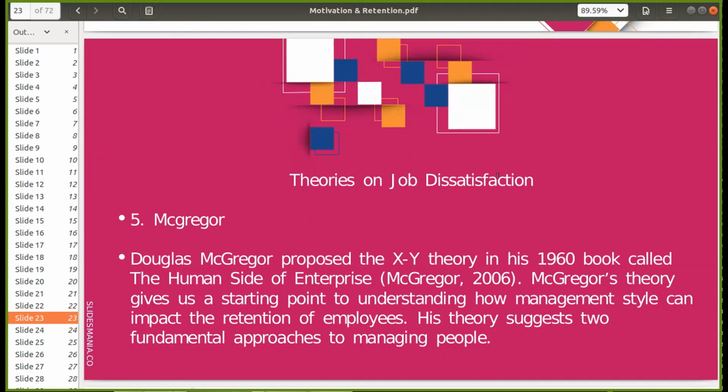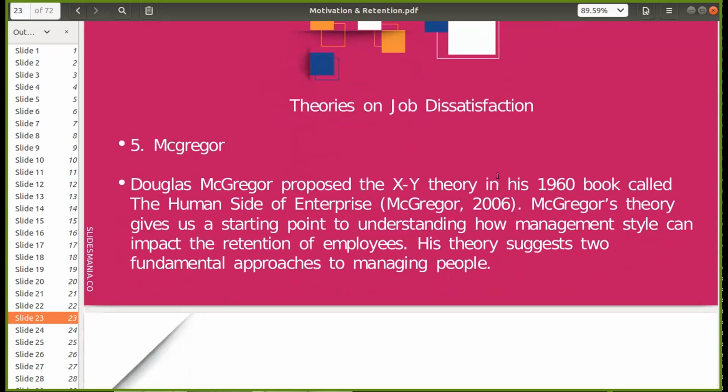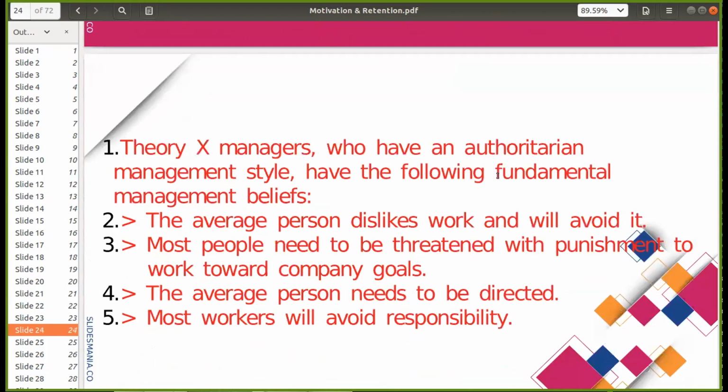So sa management style, meron daw 2 approach. Meron daw theory X managers at theory Y managers. So ang mga theory X managers, ito yung mga managers na may authoritarian management style because they have the following fundamental beliefs.